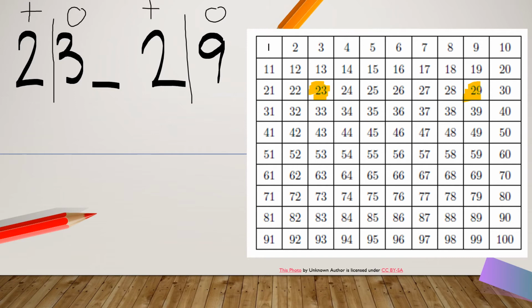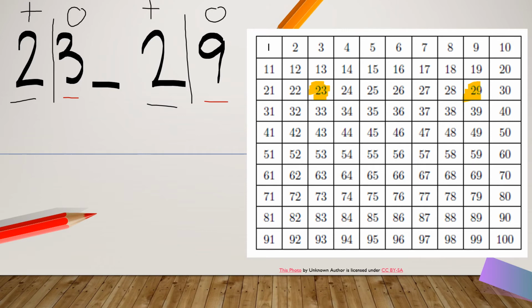So I'm going to be looking at my first number, our tens. Our tens is a 2. So our first number is the same number. So now we have to look at our ones to see which one is the smallest. So we have 3 and 9.